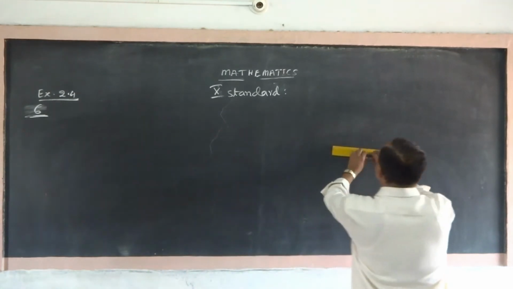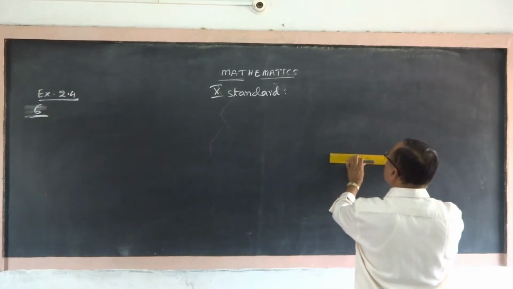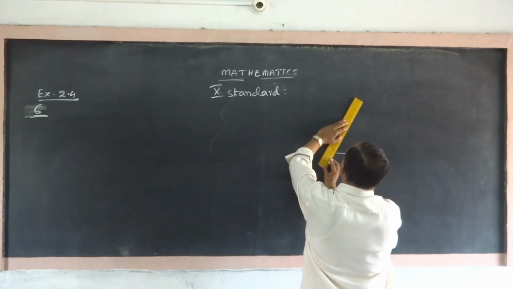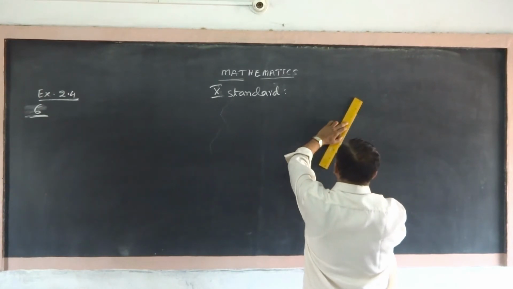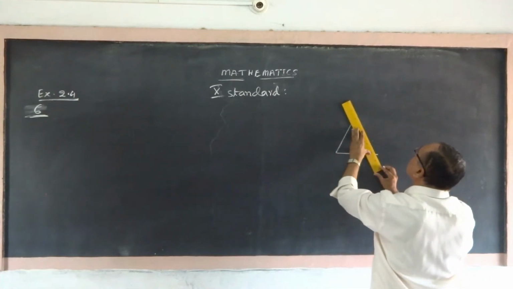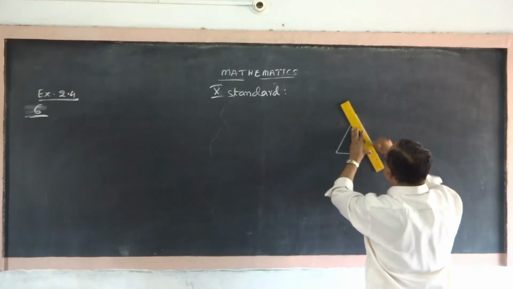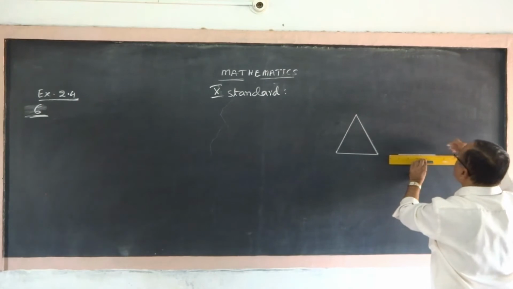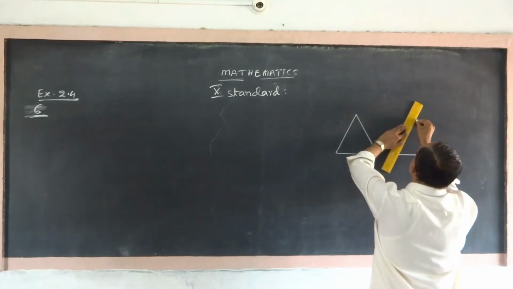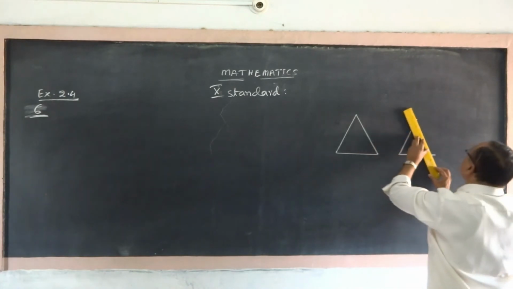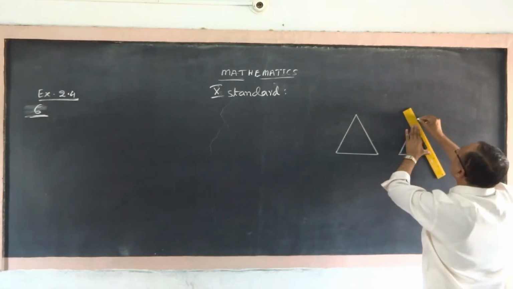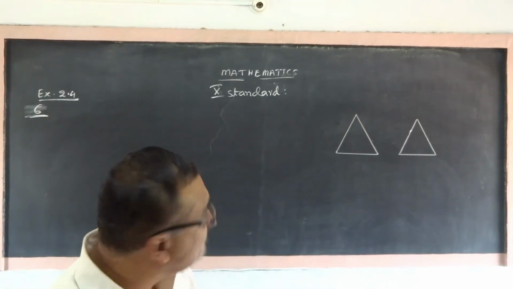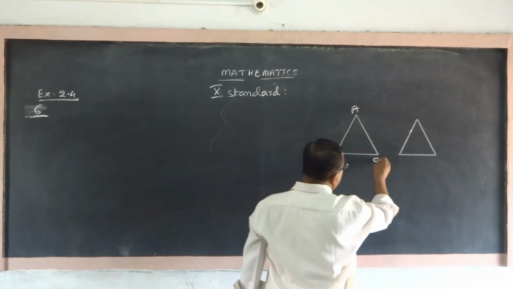Let us consider the two triangles which are similar, say ABC and DEF.